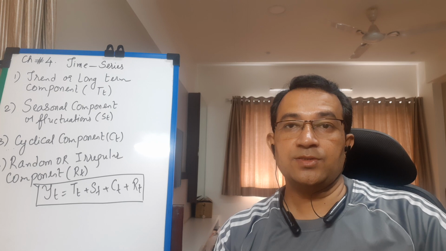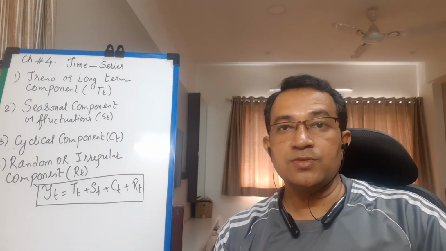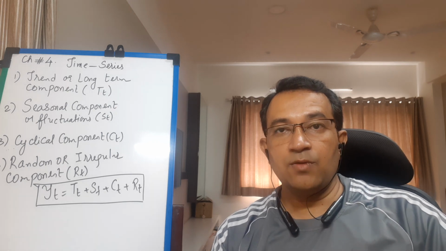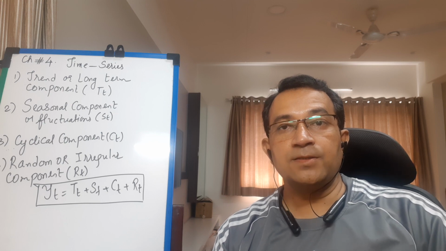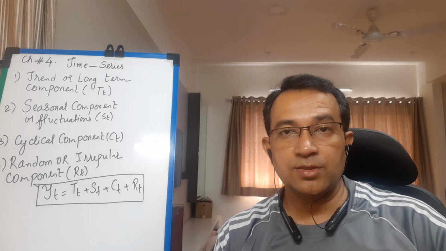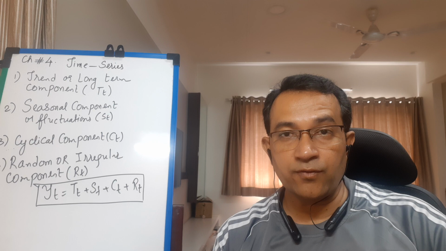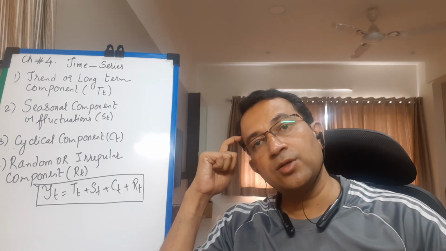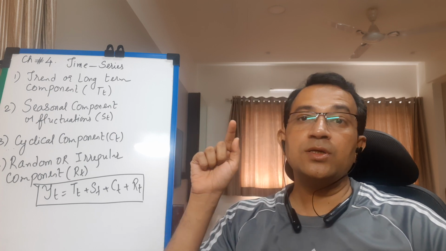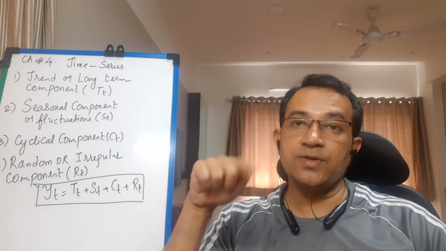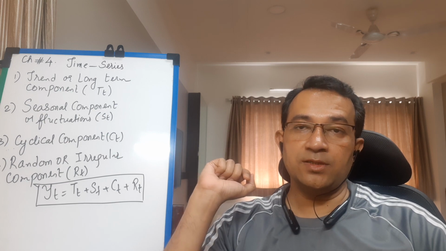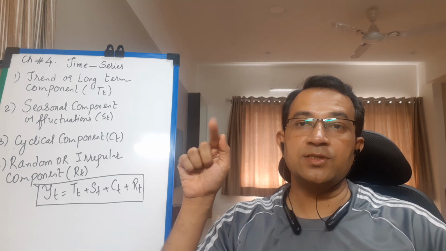Fifth point, this is again very important. Students, we had the formula byx is equal to r into sy upon sx. One more formula: based on regression coefficient we can obtain correlation coefficient R. One formula was given in old textbook, R square is equal to byx into bxy.